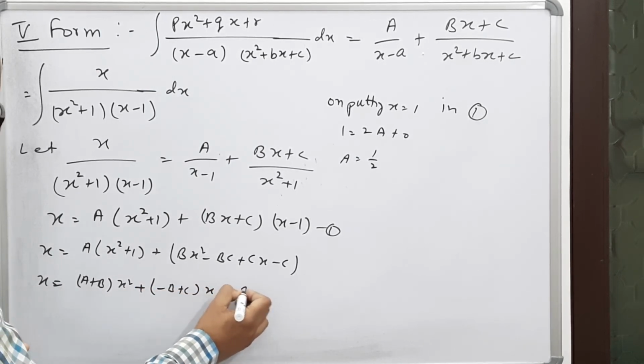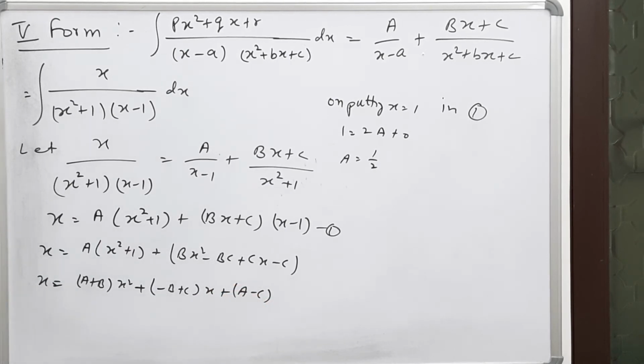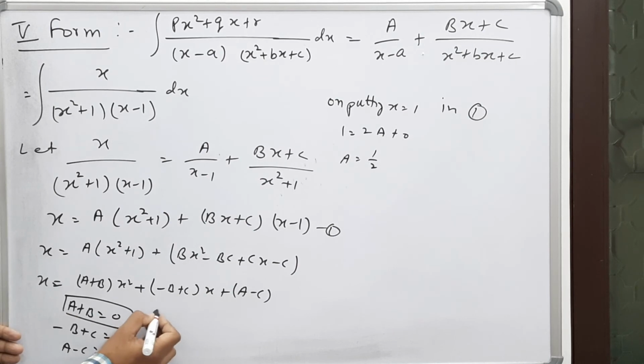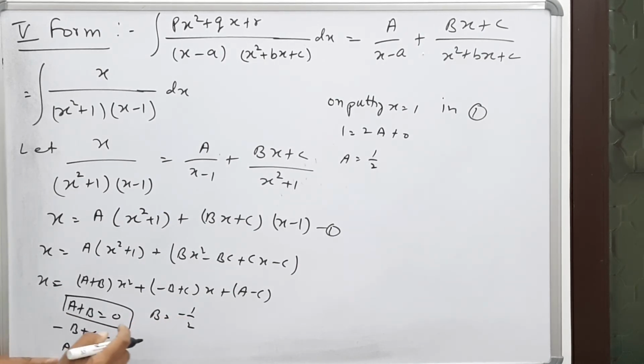And the last is the constant term. Now if you compare, A + B is 0 because the x² term is not there, −B + C is 1, and A − C is 0. So with the help of this, the value of B is −1/2, and with the help of this, the value of C is 1/2.